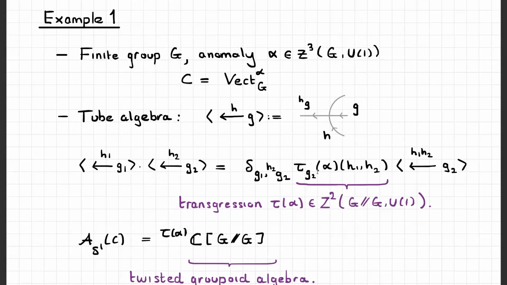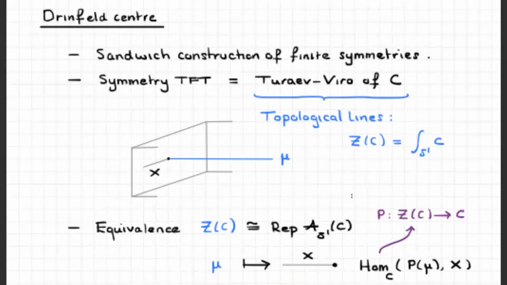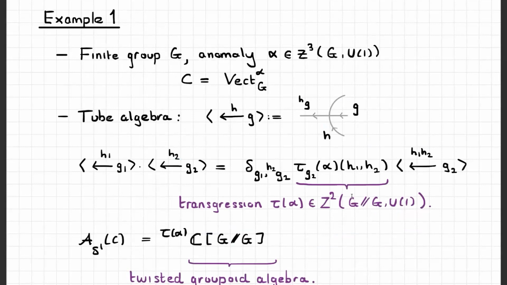And so the way to think about this is this tau denotes what's called the transgression of this 3-cocycle. So it takes a 3-cocycle on the group, and it spits out a 2-cocycle on the action groupoid for the adjoint action of G on itself.